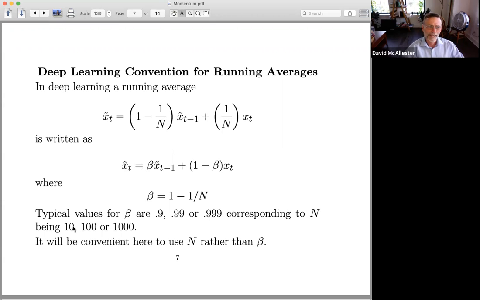And that corresponds to n being, if beta is 0.9, you're averaging over about 10 elements, 0.99, 100, and so on, 1,000. In the slides I'm going to use here, I'm going to write this formulation because I find it more intuitive. It makes sense that this number is a number very close to 1.